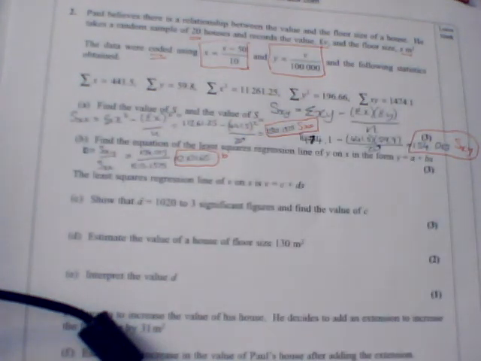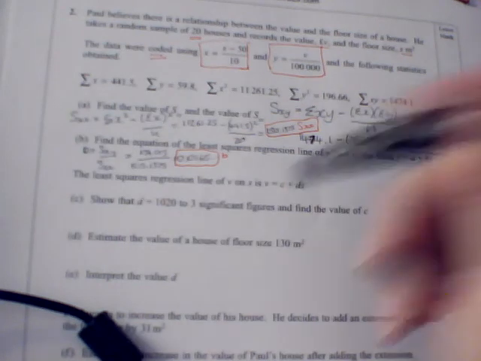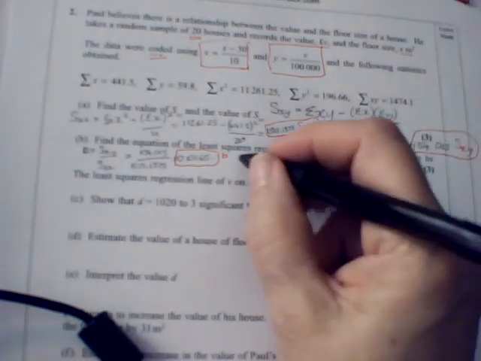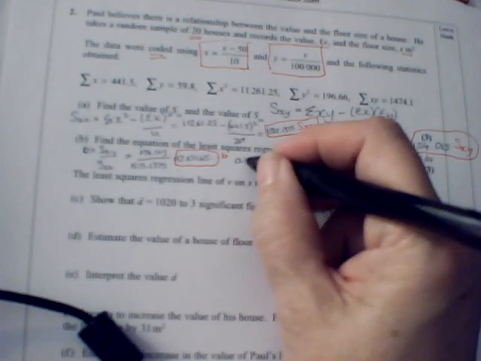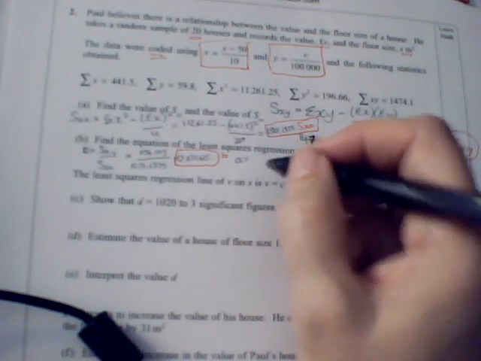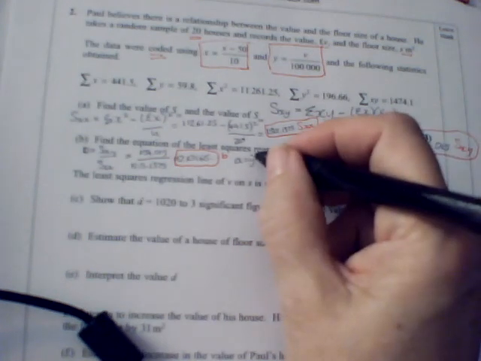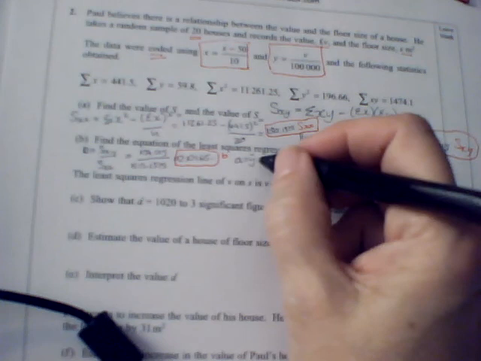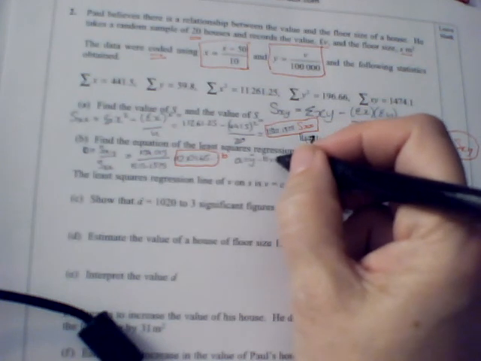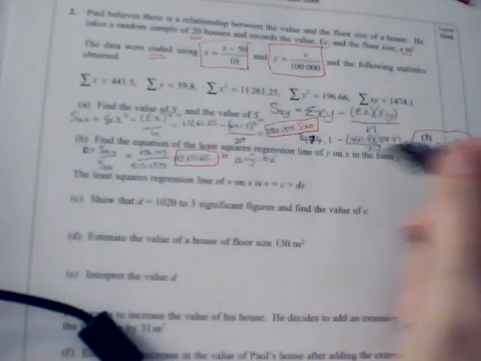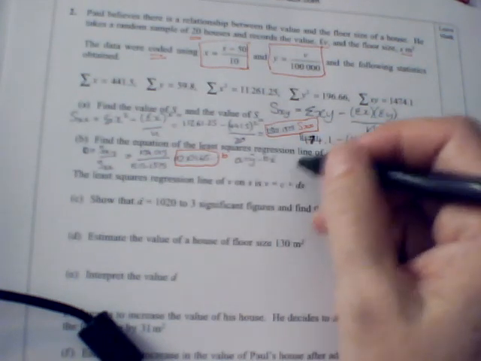Okay, so going over to the equation then, I'm going to now have to work out a. a equals y bar minus b x bar. So that y bar is just the average, isn't it?